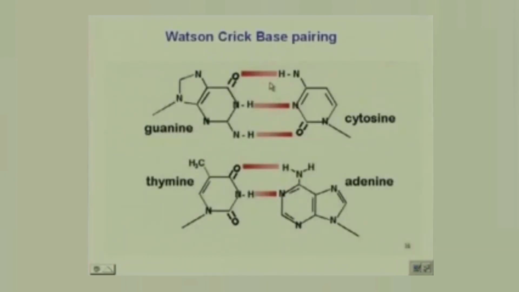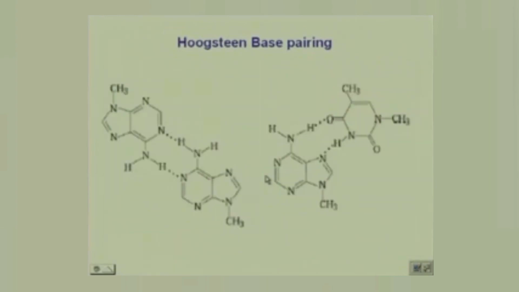This is something that we looked at last time, where we have a guanine and a cytosine, we have a thymine and an adenine, okay, and we have in this case 3 hydrogen bonds possible. In this case we have 2 such hydrogen bonds possible. We also looked at the Hoogsteen base pairing, where we have a different face for the base pairing, and we also have in this case an, what is this?